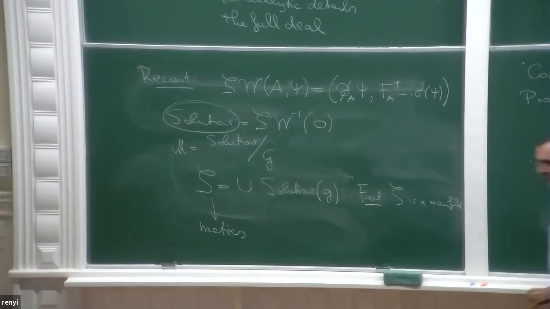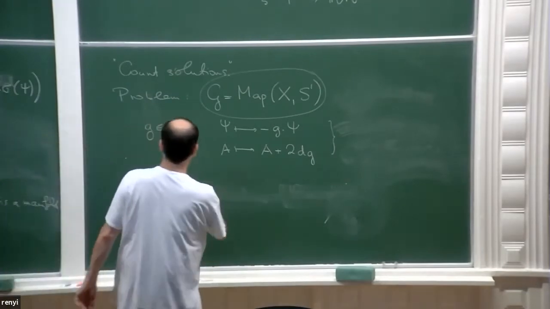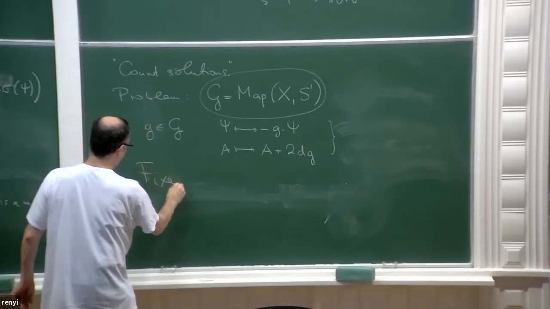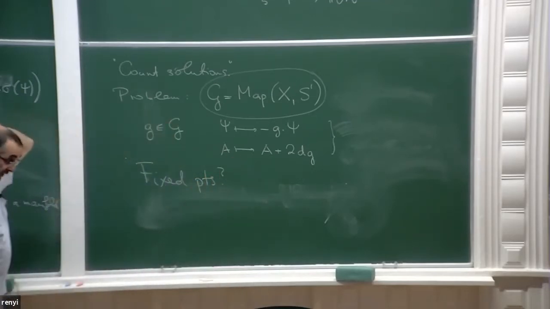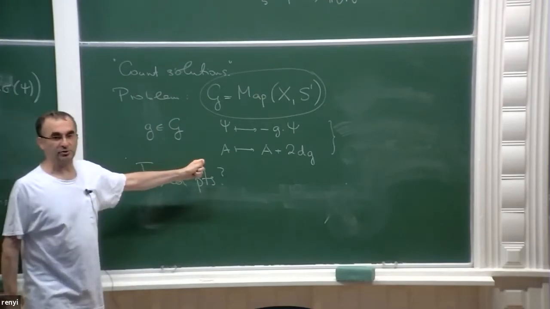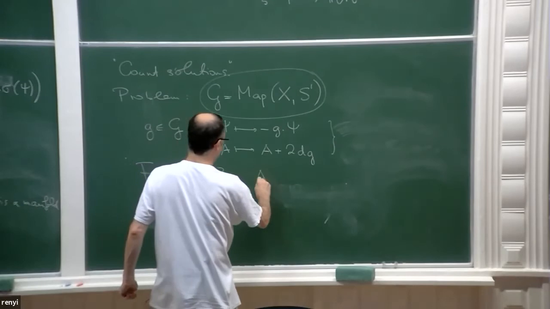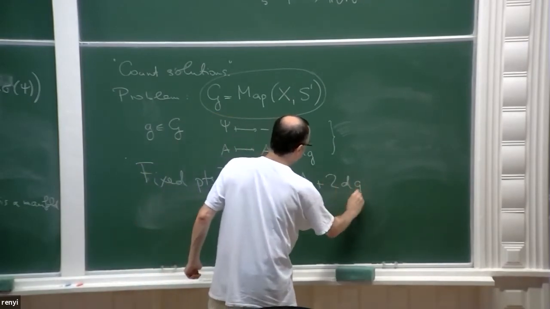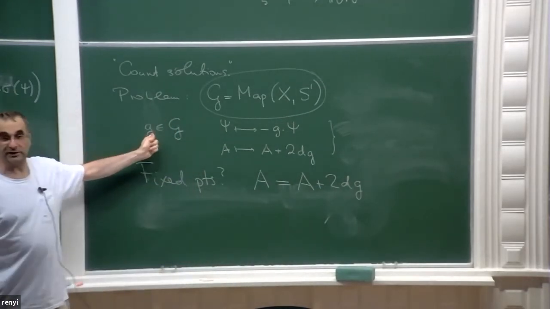So I leave the action on the board. And so the question is, what are the fixed points? When do we have a fixed point? Well, this is not very hard to understand. When does it happen that A is the same as the result of the action by one of these group elements?